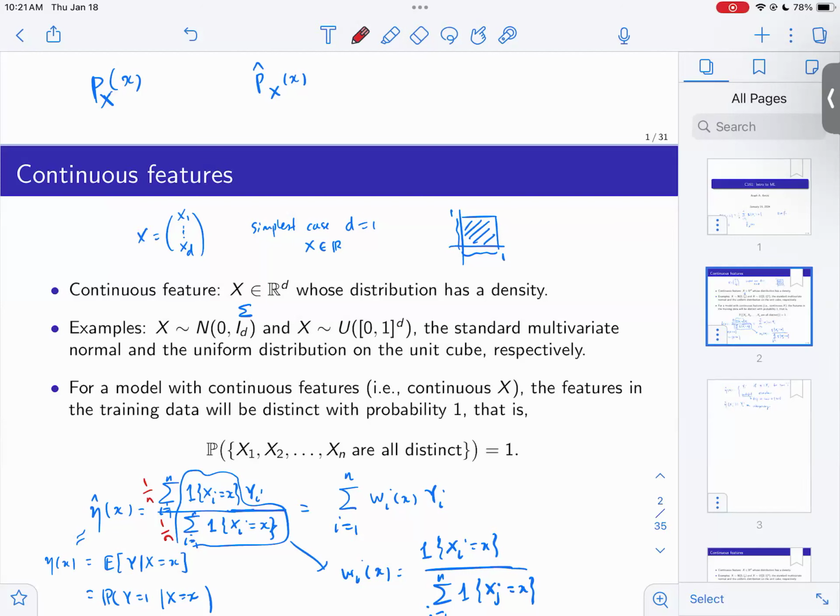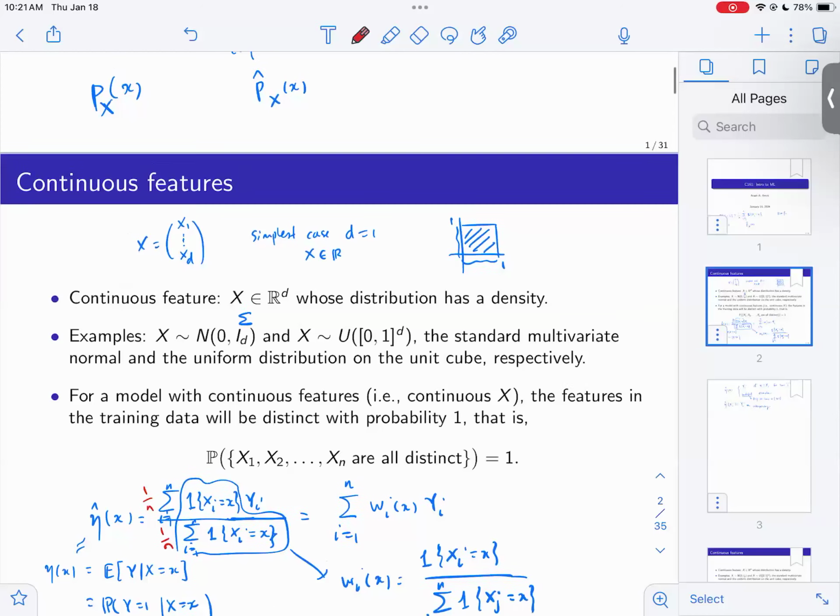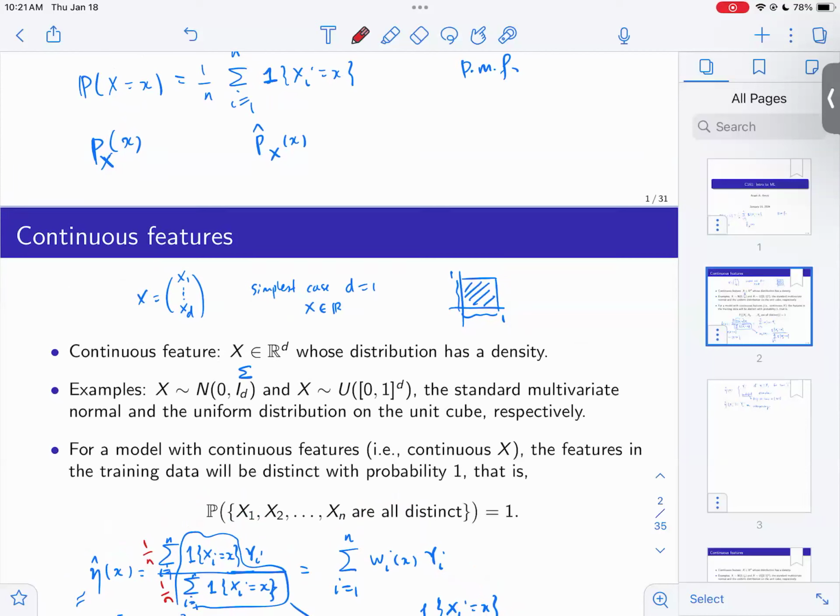So I have to do something here. I have to estimate the joint, which is that, but you're on the right track. The thing that I want to discuss is that this idea can be used to turn this into an estimate of the density. Density estimation is also one of the other classical areas.